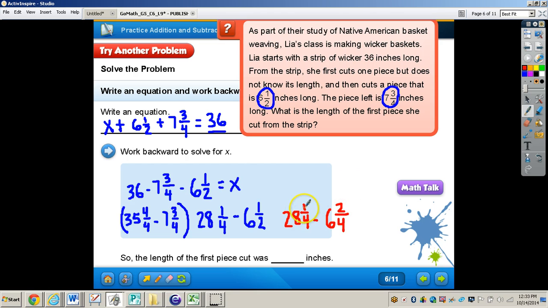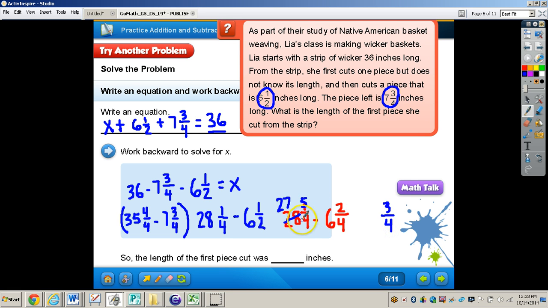You cannot subtract 2/4 from 1/4, so we need to regroup. Make that 28 into a 27 and add 4/4, making this now 5/4. Now we can subtract: 5/4 minus 2/4 gives us 3/4.